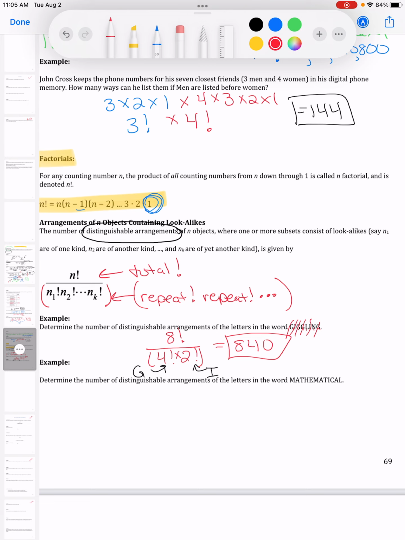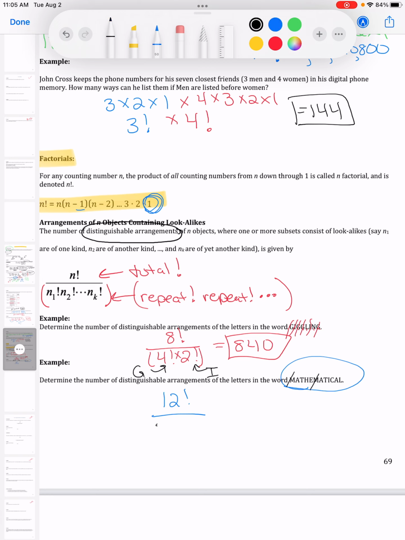The next one works just the same, so why don't you guys hit pause, try the next one, and see if you get the same answer. It's much bigger than 840 though. Alright, coming back from pause, looking at this word mathematical, there are 12 total letters in it. And then the repeats, I'll try to color code them.